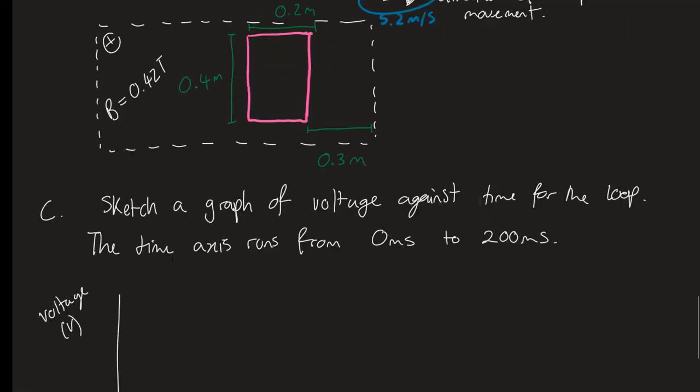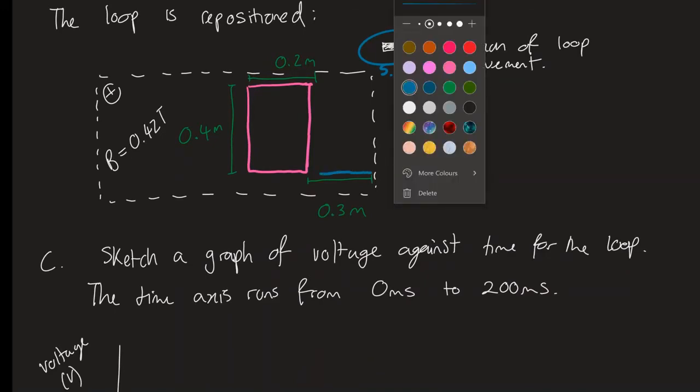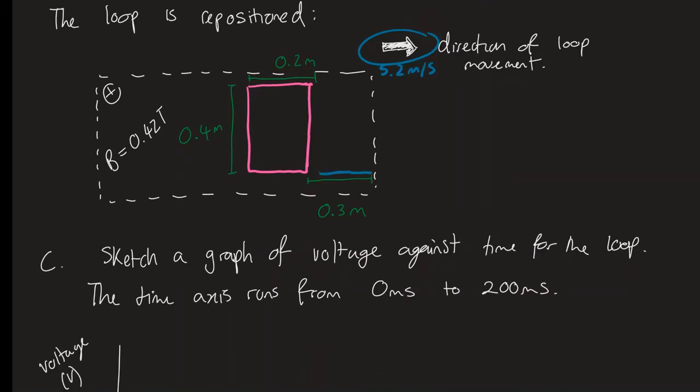So let's break this down. When the loop first moves, it moves 30 centimeters to the right as it approaches the right edge of the field, that white dashed line on the right. During that time, it has the same amount of flux going through it. I'm drawing some field lines to show this.